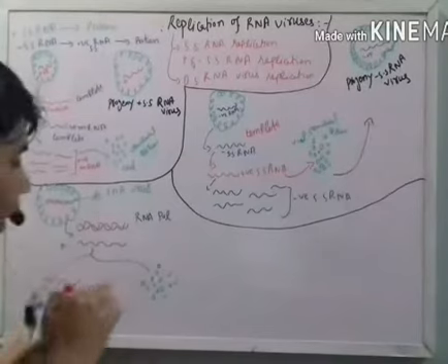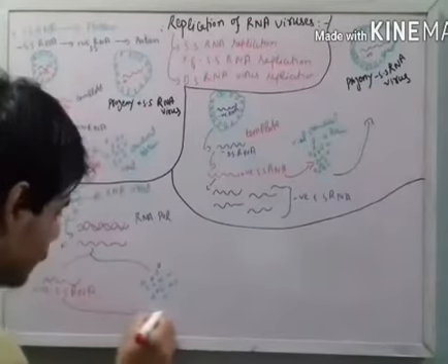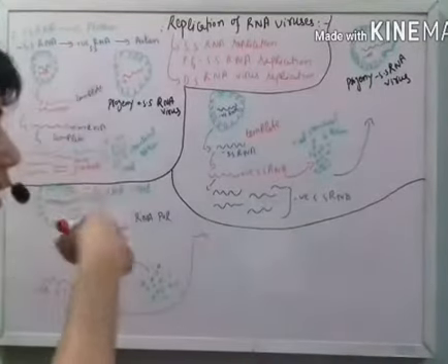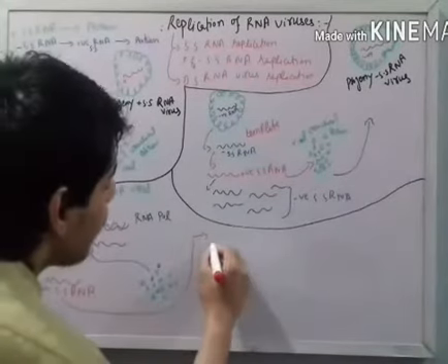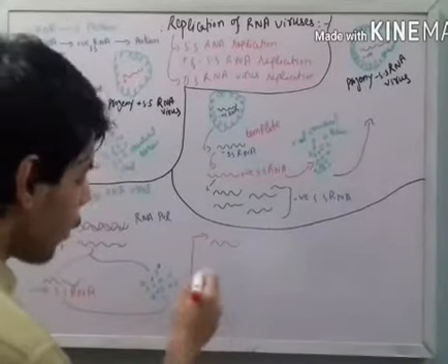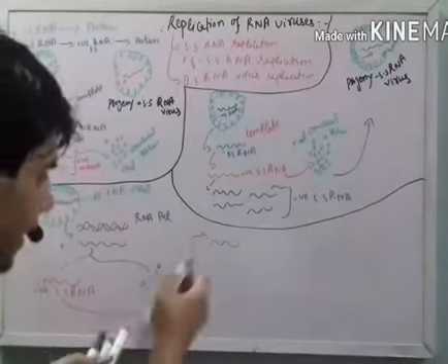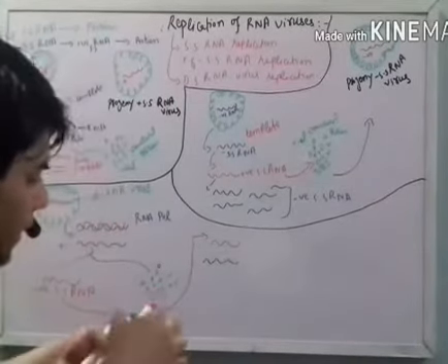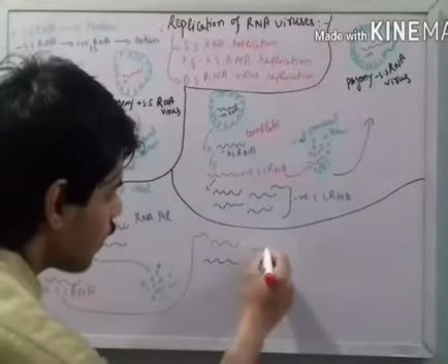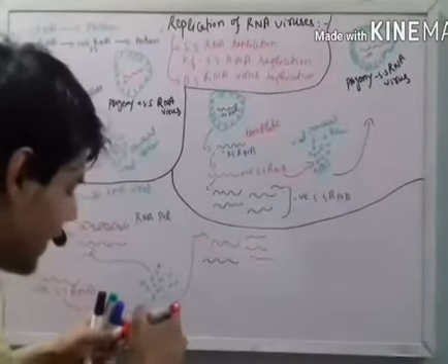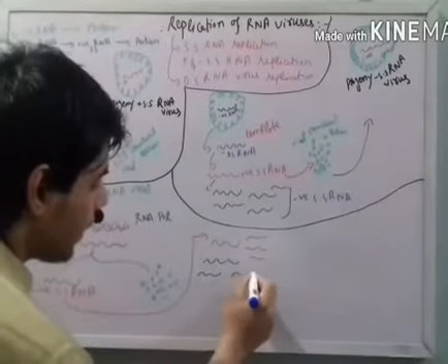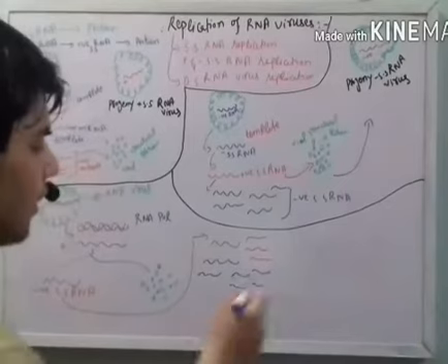After that, this negative single-stranded RNA is used as a template for the production of more and more copies of negative as well as positive. So we get negative and positive RNA.